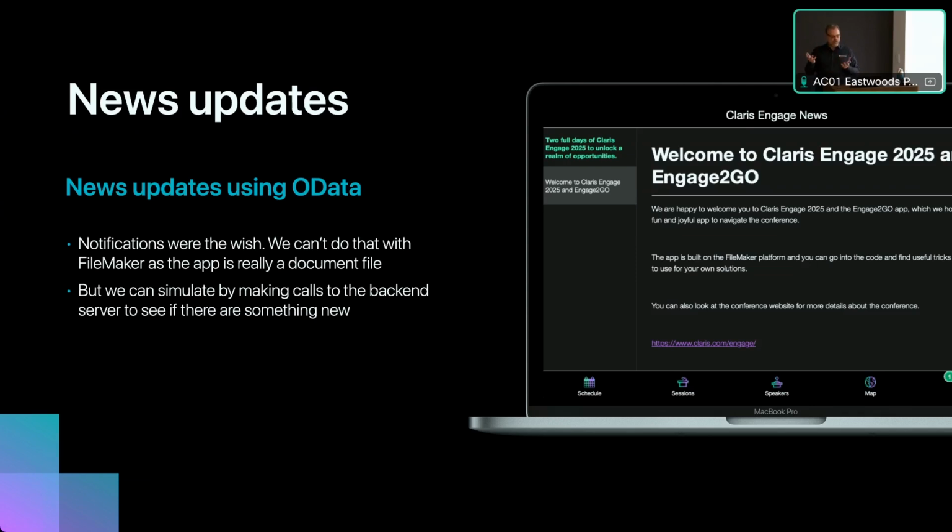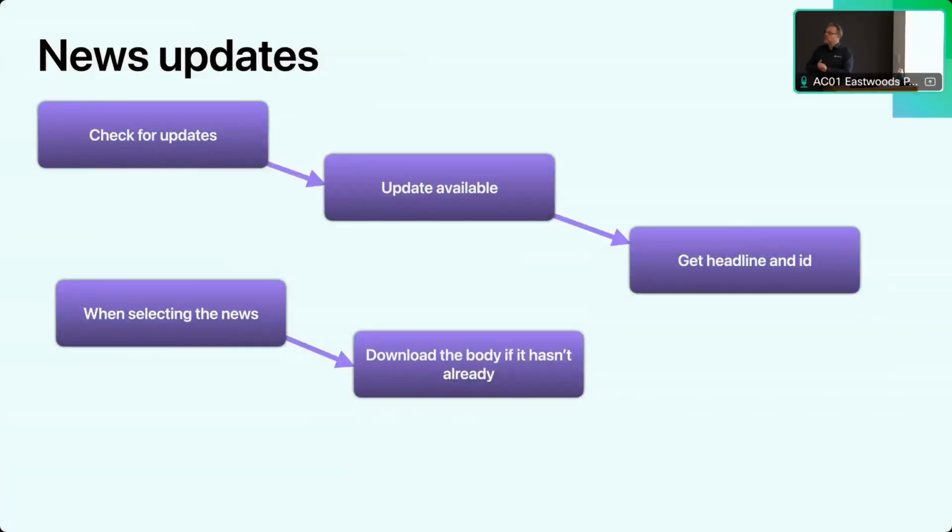If there is, we just get the headline and the ID, and we create records in the app for that, okay? Then we show a small icon that looks like a notification saying that now there's a news update.